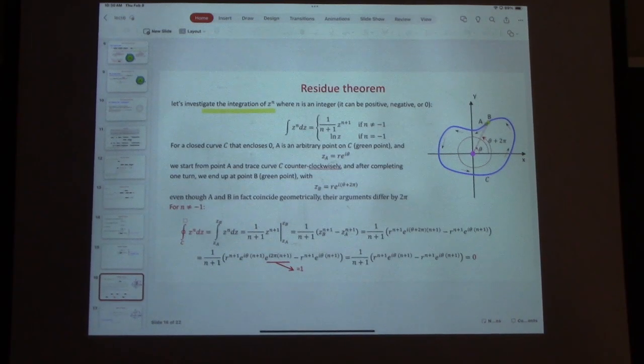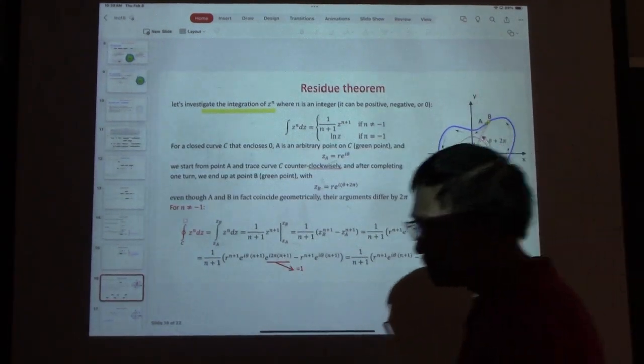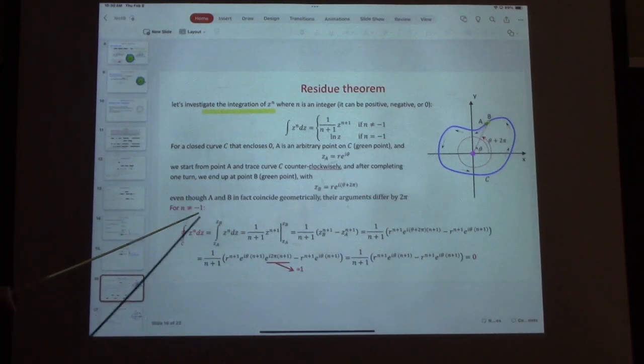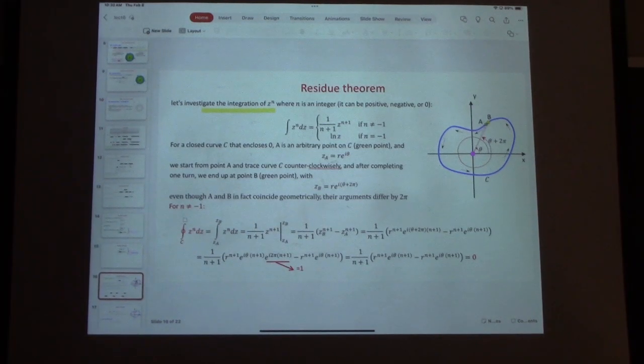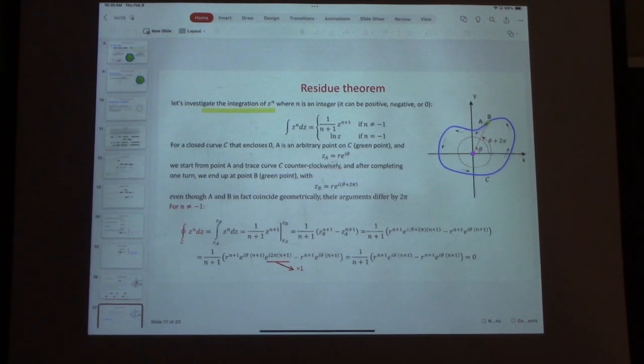For 1 over z squared, which is not analytic, when you integrate that term about this closed loop, it is still 0. So for n different from -1, all these z terms you integrate will produce nothing.